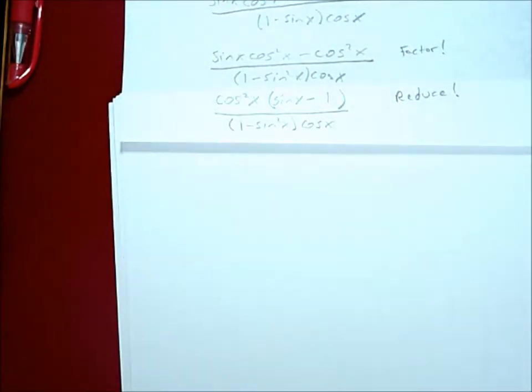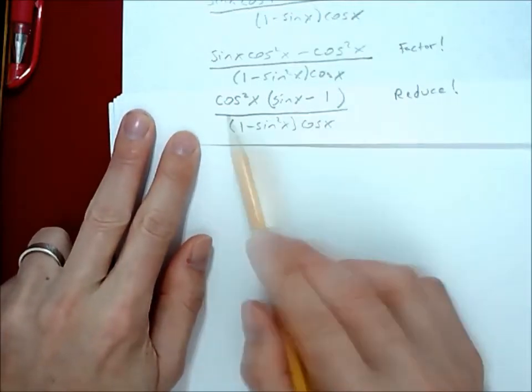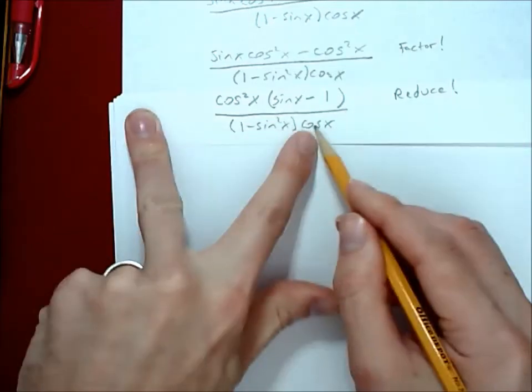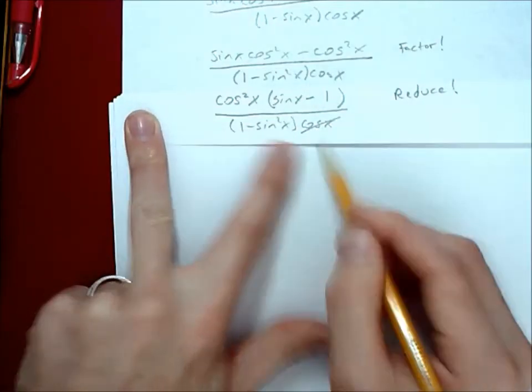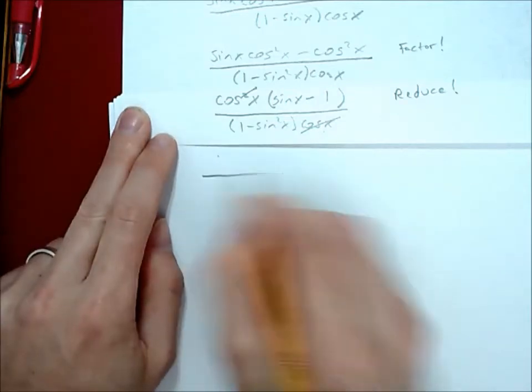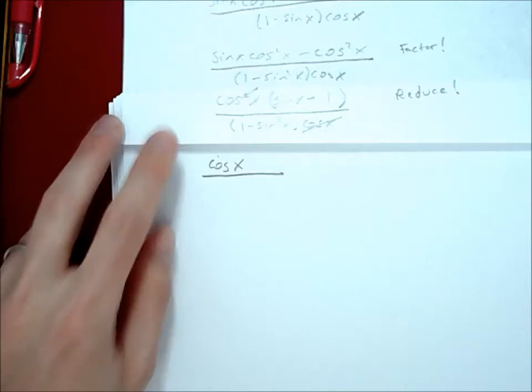So you said cosine. Let's look at that first. We've got cosine to the first on the bottom, cosine squared on the top. So what happens there? Yeah, this cosine cancels out one of those cosines, leaving you with just cosine to the first on top.